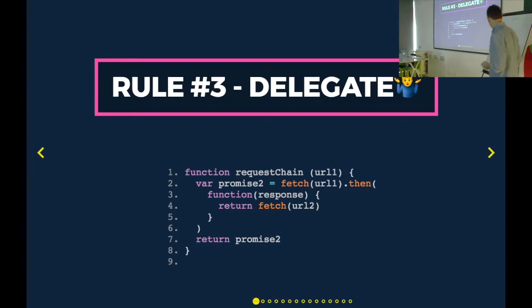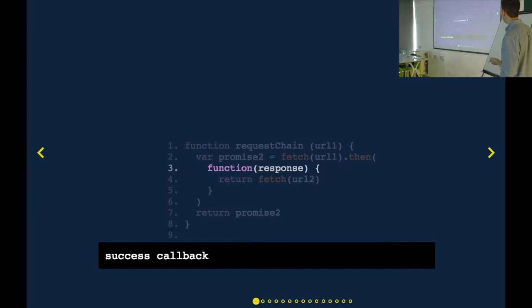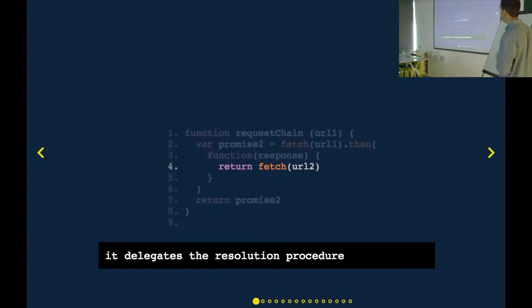In this example, it's a loop. Promise2 is created by calling fetch and then, and only when it's invoked, the return value of that function is another promise.